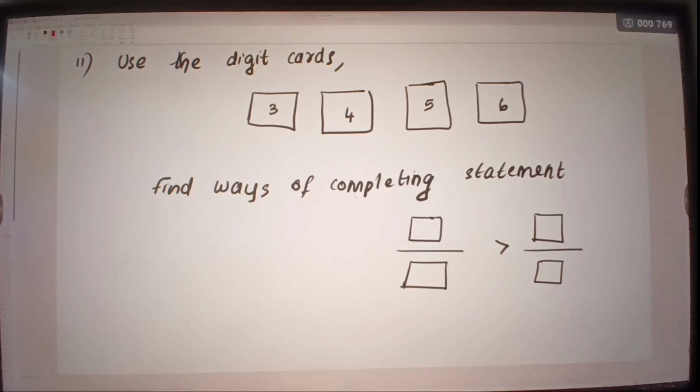Using the digit cards, you have to make the statement correct. So try to do it on your own.